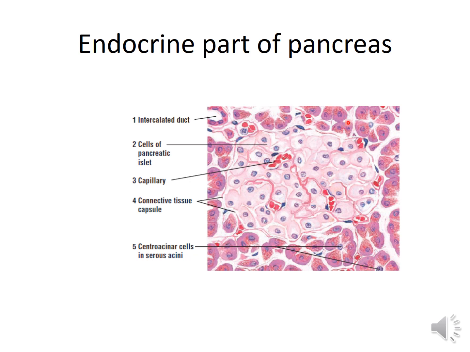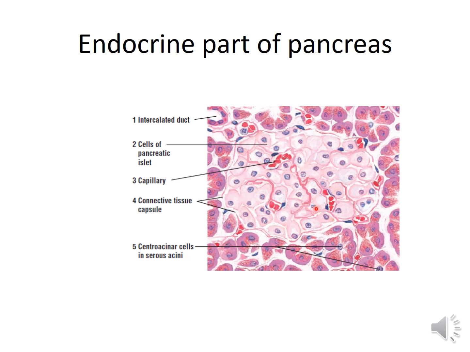Now, a very thin layer of reticular fibers separates the pancreatic islets from the surrounding exocrine pancreatic tissue. The islet cells are arranged in short irregular cords separated from each other by fenestrated capillaries.